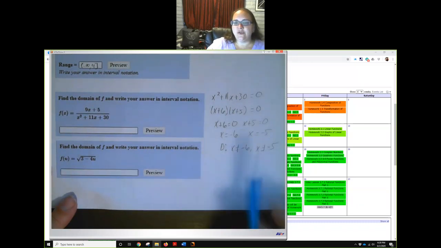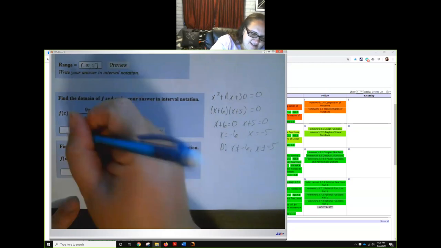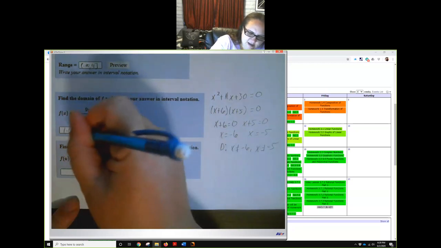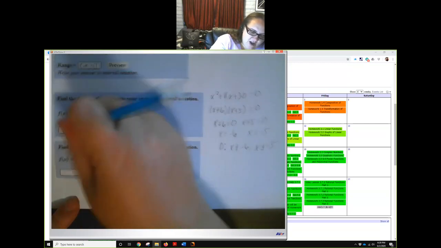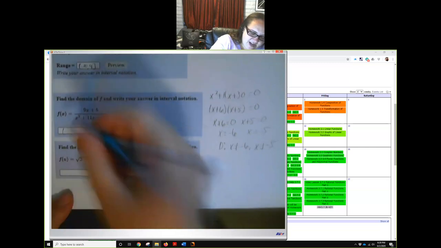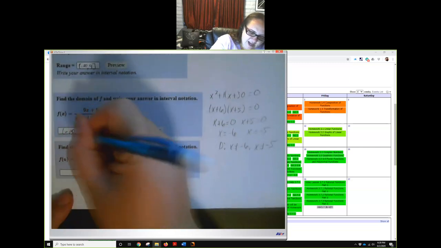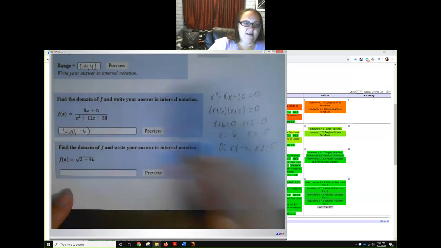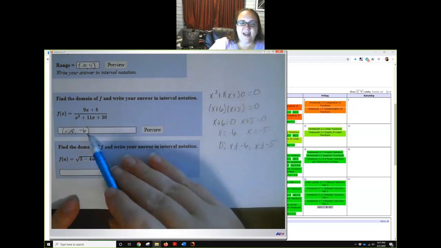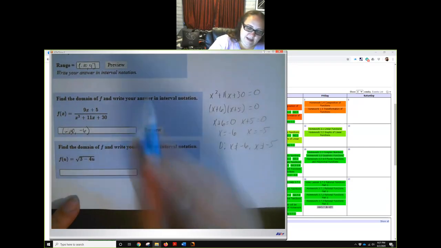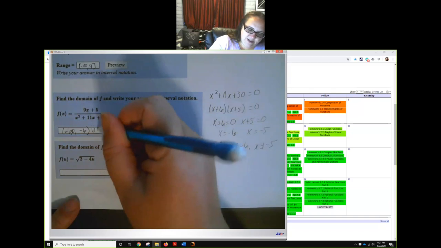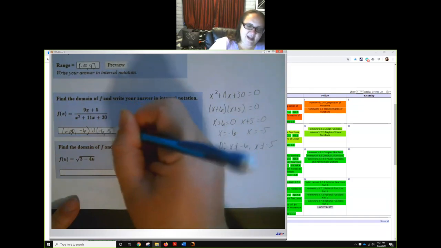So in interval notation, what I do is I say, okay, well then all of the numbers to the left of -6, so that's -infinity up until -6, that's a parenthesis because -6 is not included. Then we'd say all of the numbers in between -6 and -5.